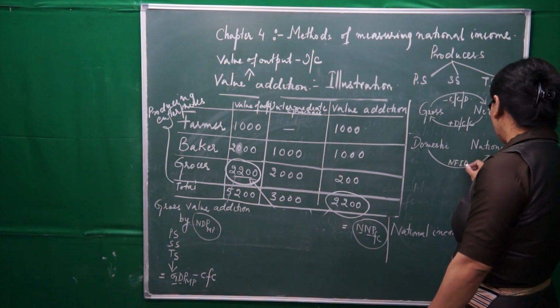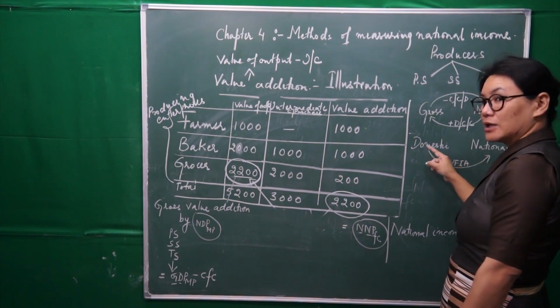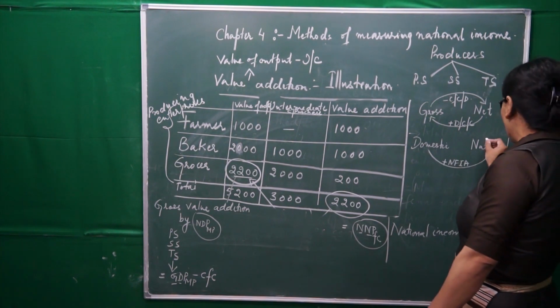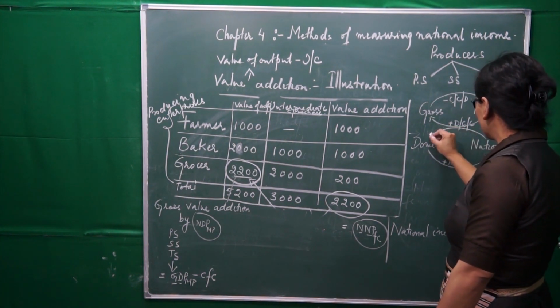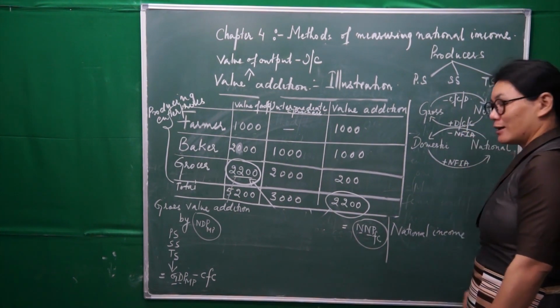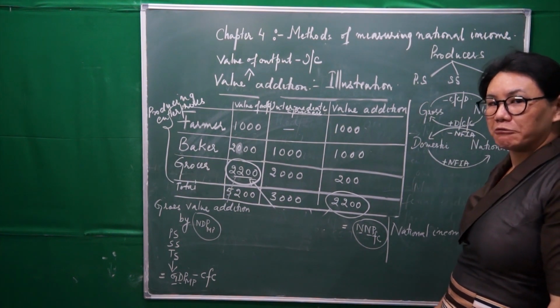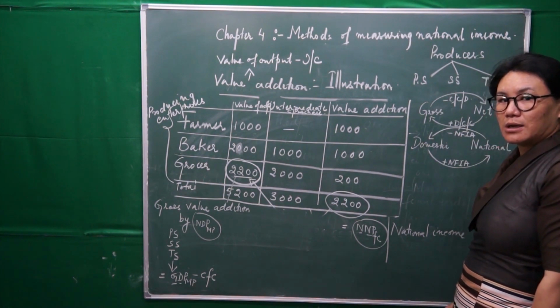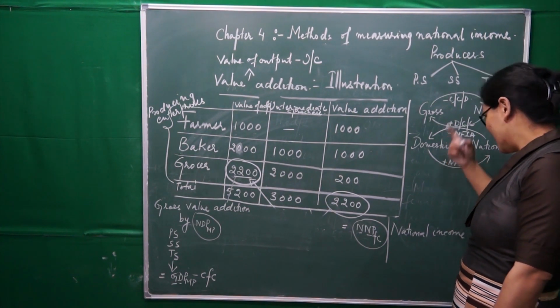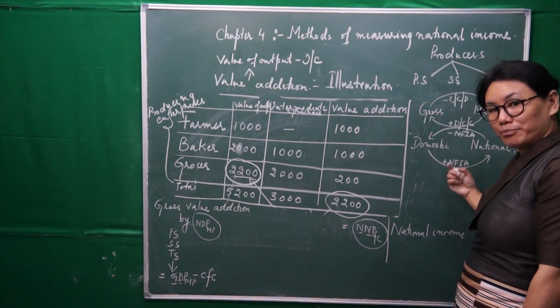When we add this NFIA to domestic, we get national concept, and to convert national concept into domestic, we have to deduct NFIA. What is this NFIA? Net factor income from abroad. So we have the formula for this, which we have done before.